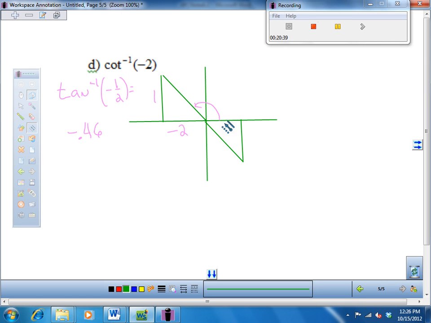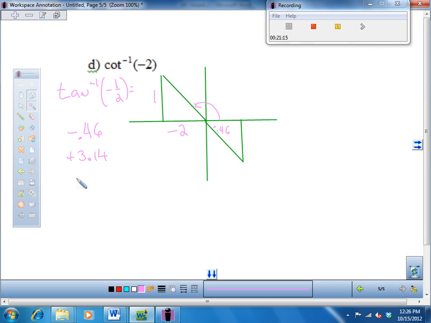Very good. Because that's giving me that this angle is negative 0.46. So if I added pi to it, I would get this angle from here to here. So I'm going to go negative 0.46 plus pi, which is about 3.14, and I get what I get.